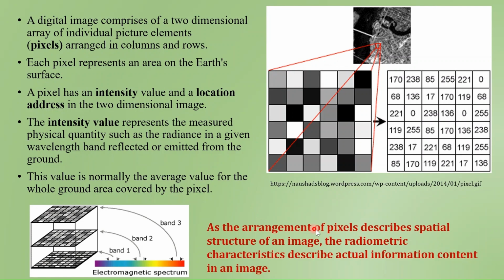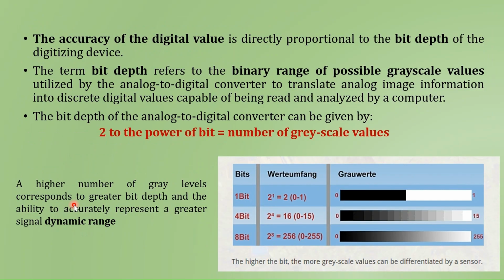The arrangement of pixels describes the spatial structure of the image, while the radiometric characteristics describe the actual information contained within the image. Each band gives us a black and white image. The amount of information within a particular image is defined by the radiometric resolution.